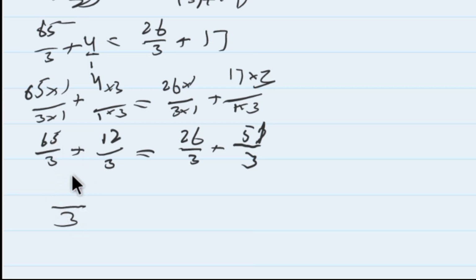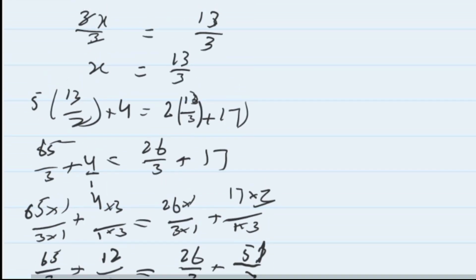So 65 plus 12 it's 77. Similarly, its denominator would stay same, and 26 plus 51 is again 77. Since both the sides are equal, it means that 13 over 3 is the solution of our given equation.